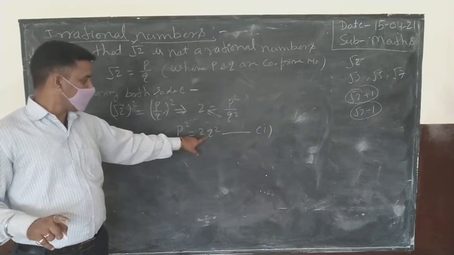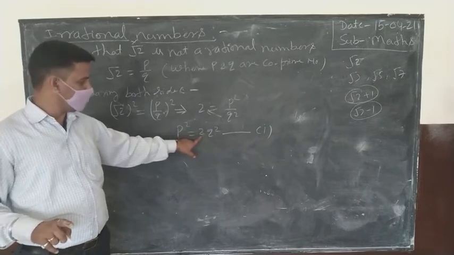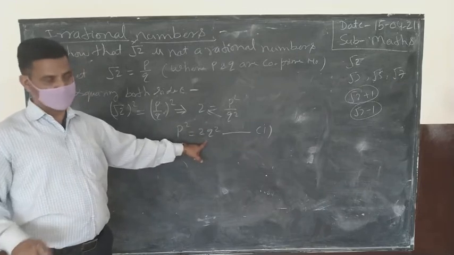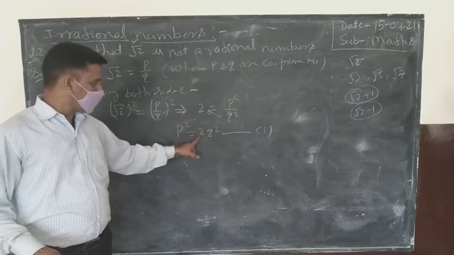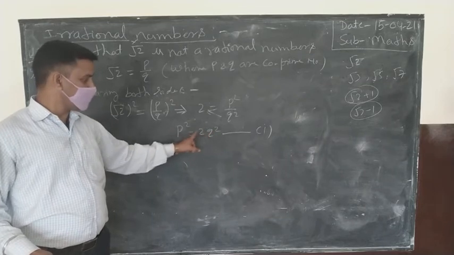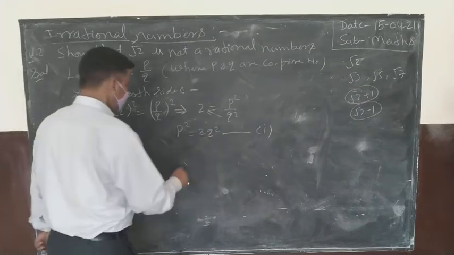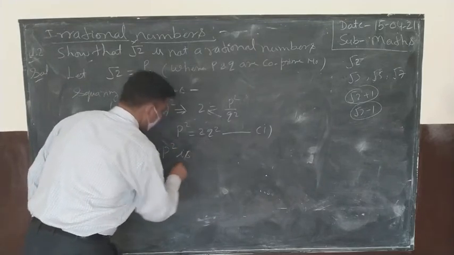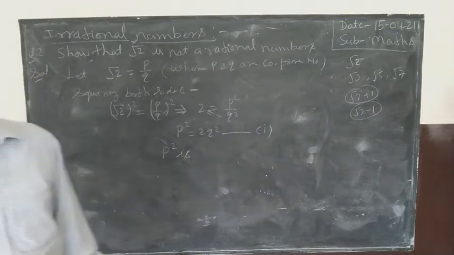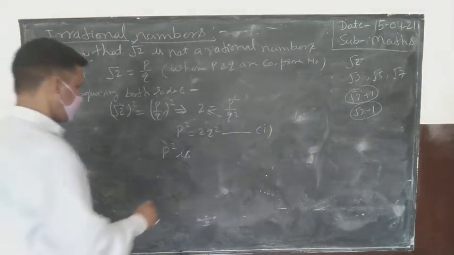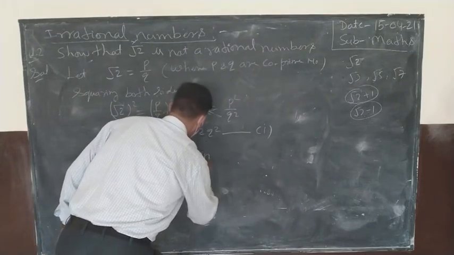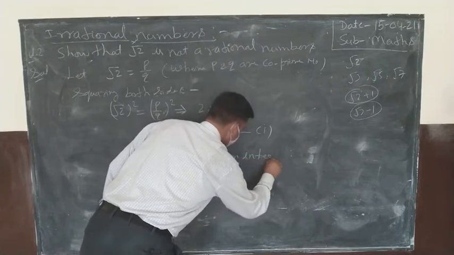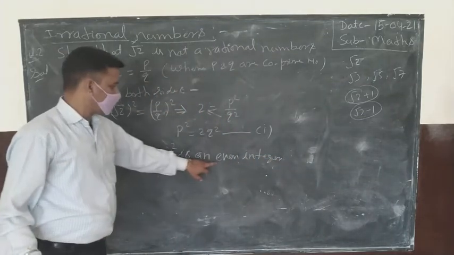When you multiply any integer by 2, the result is always an even integer. So when you multiply by 2Q square, the result is always an even integer. So P square is an even integer.